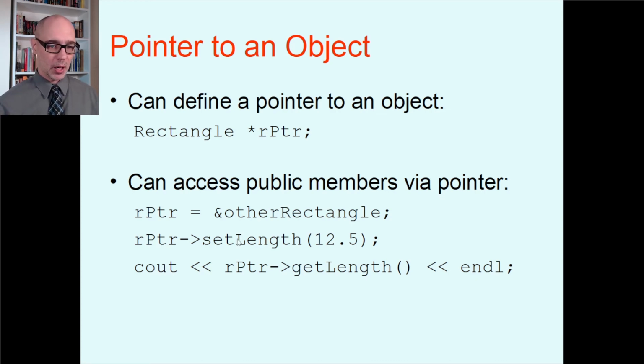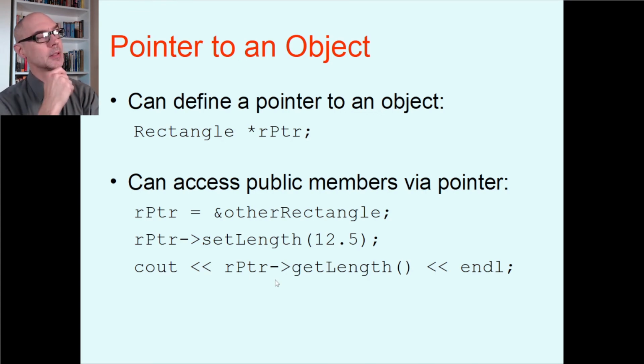So here we're doing our pointer arrow set the length of that rectangle, passing 12.5 for that. On the other hand, here we are getting the length with our pointer arrow get length. Okay, so pointer to a structure or an object, that's what the arrow does. Don't forget, so our pointer arrow get length. So again, that's really just shorthand.